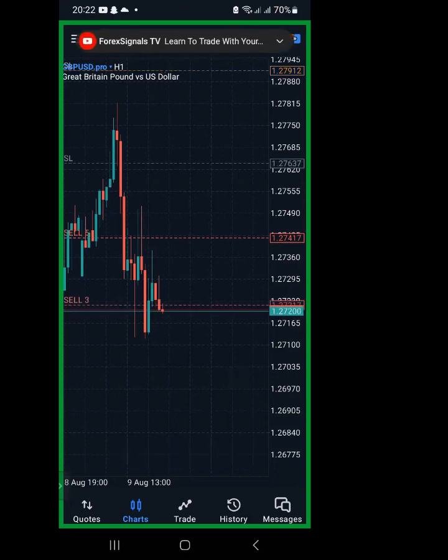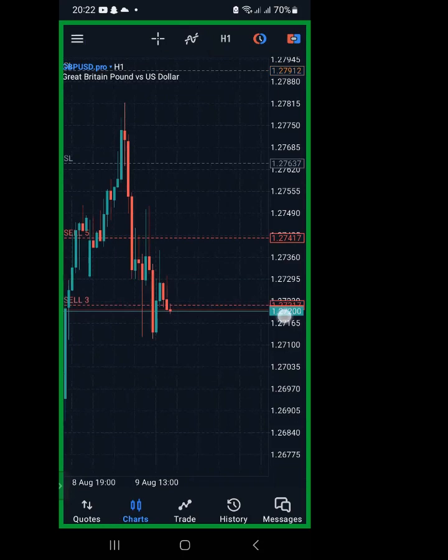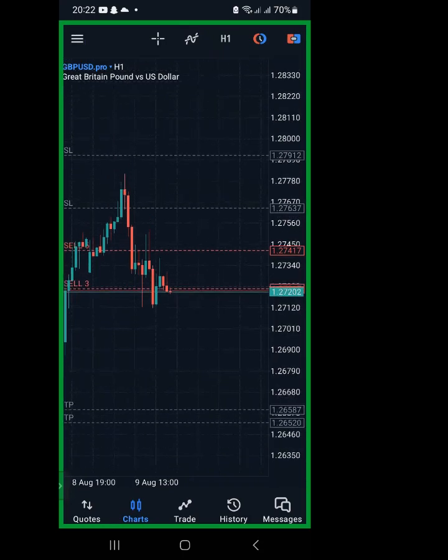Now, the second one is the same illustration. I entered the first trade expecting the price to go down. When I entered, the price was going down, and I was okay. Not that I was happy, but I think my analysis was right.